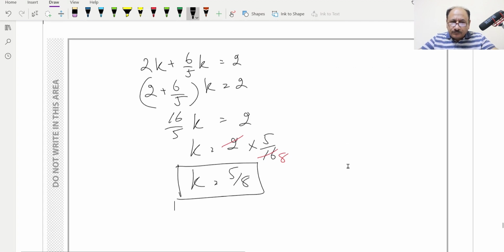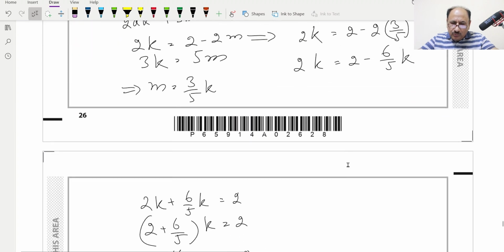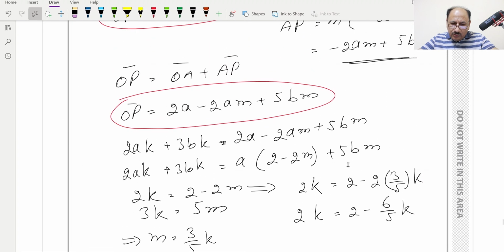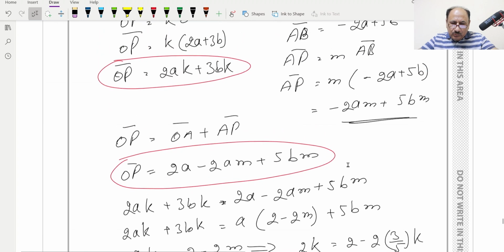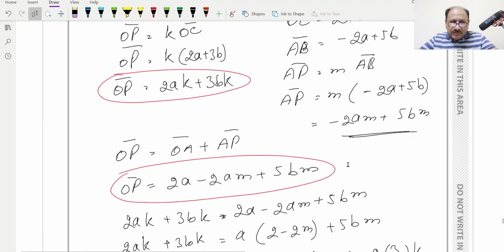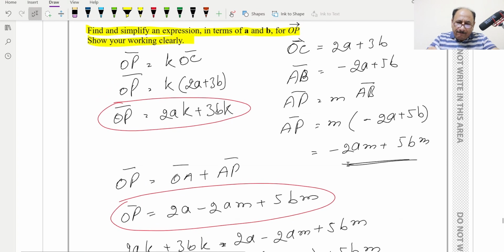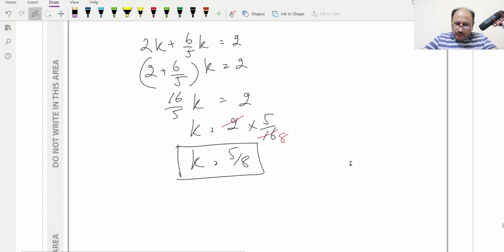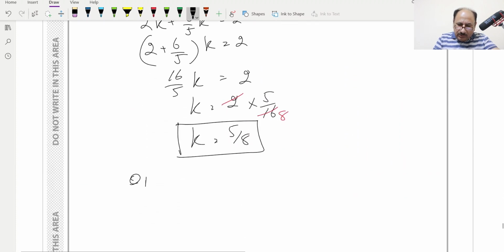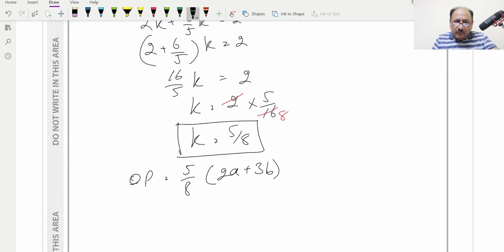Now OP is equal to K into 2A plus 3B. So we will write here OP is equal to K, which is 5 by 8, into 2A plus 3B, and now we can open the bracket, and this will be what?